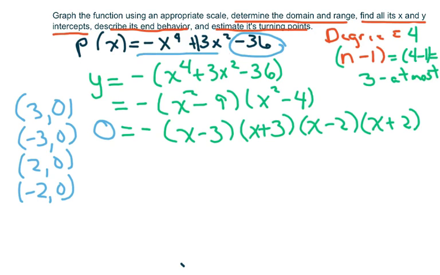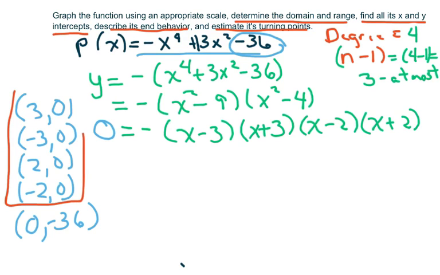I look at my original. So when x is 0, y is negative 36. And you can just write them like this, because by definition, that would be your x-intercept, and that would be your y. All right? We estimate the turning points as 3, domain and range.